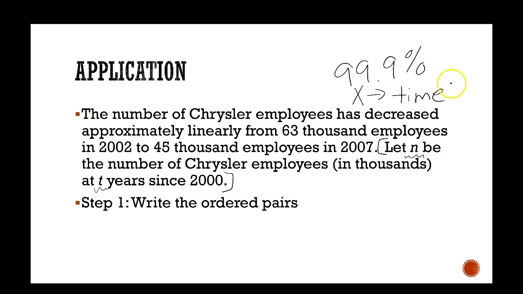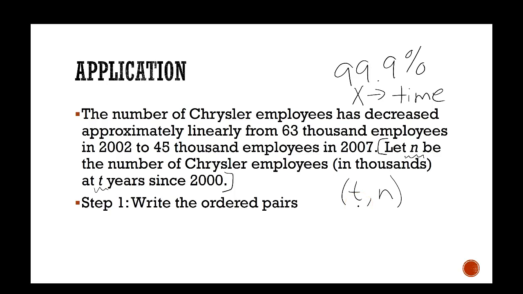Whichever one is representing time, years, minutes, seconds, any sort of time duration, that is going to be your x. So in this case, T is the x because that's the years, and N is the other. That's a helpful tip, because sometimes the verbiage in a practice problem doesn't always give you x's and y's. Whichever one represents your time goes in for the x part of the ordered pair.